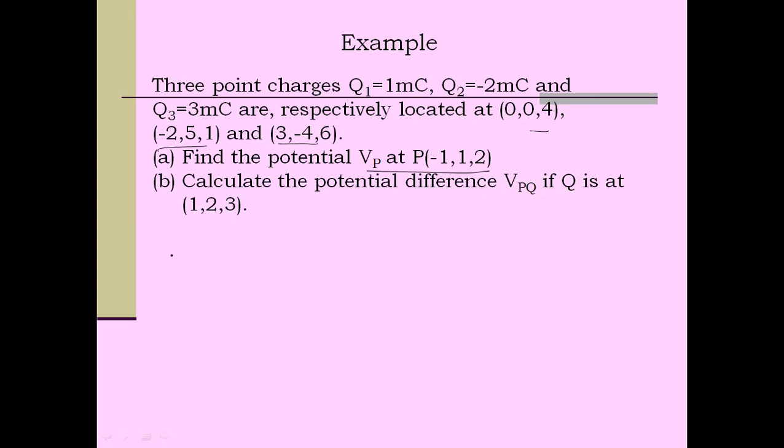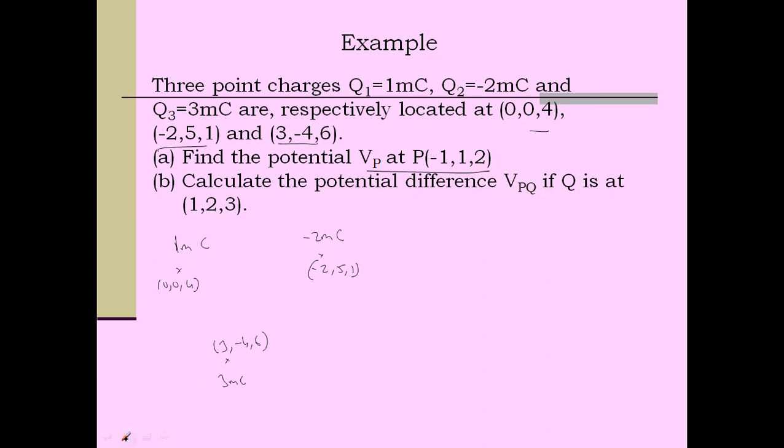Let us sketch the position of these charges. We have 1 millicoulomb located at the point 0, 0, 4. Then we have negative 2 millicoulomb located at negative 2, 5, 1. And the third charge, 3 millicoulomb, is located at 3, negative 4, 6.